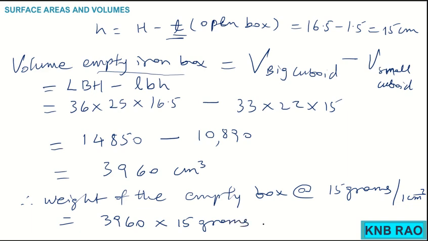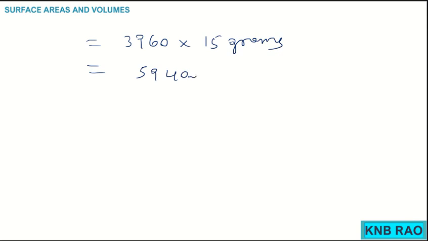We have to do 3,960 into 15 grams, which will be 59,400 grams. You know 1 kg is equal to 1000 grams.